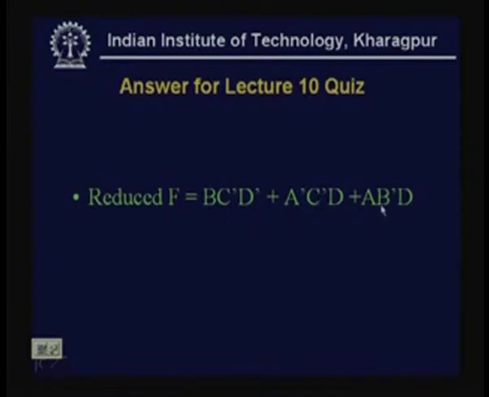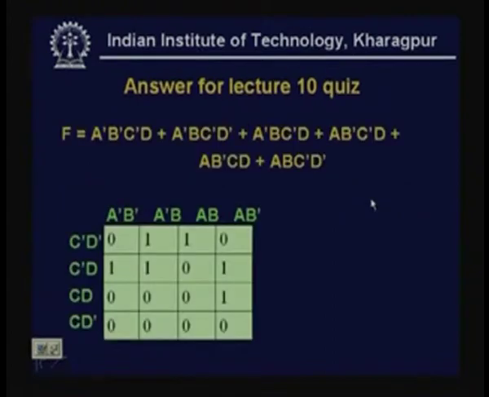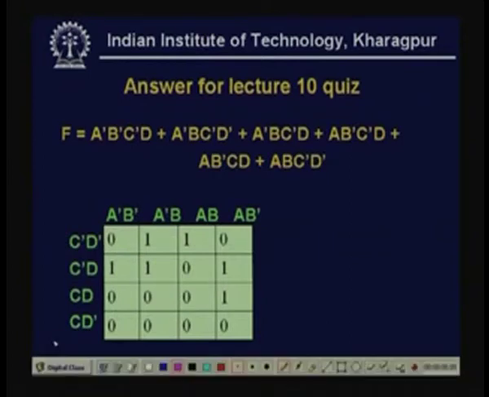Why are these 3? Because see here, this 1 is already covered. When we have considered one couple here, and one couple here, then this one is already covered in A dash, C dash, D, and this one is covered in B, C dash D dash.